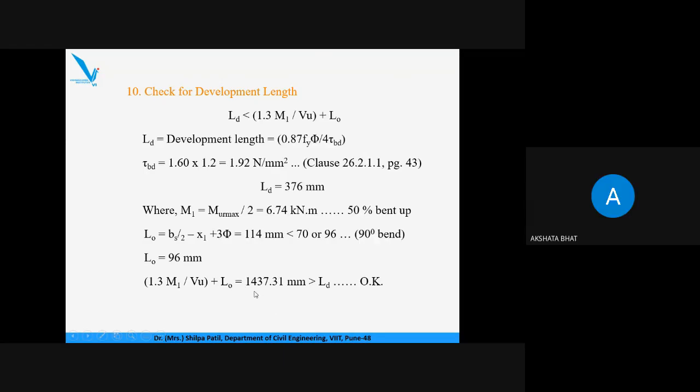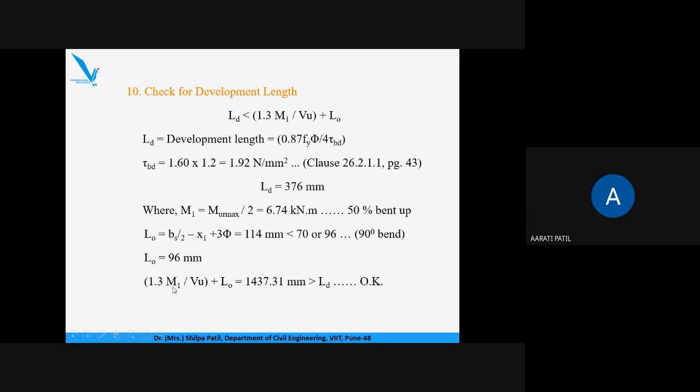Ma'am, the addition of that term, 1.3 M1 by VU plus L0, is coming as 97.34. What VU value did you take? 6.53. It should be in Newton. Because M1 is also in Newton, otherwise convert to meters.